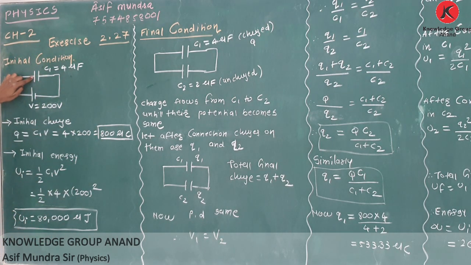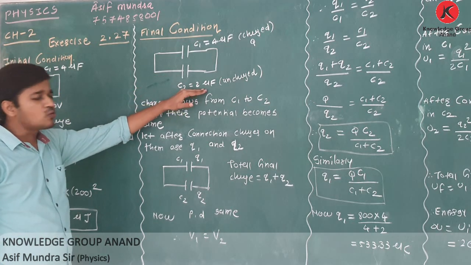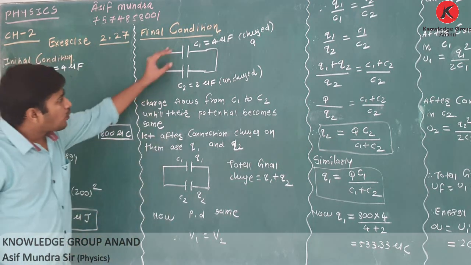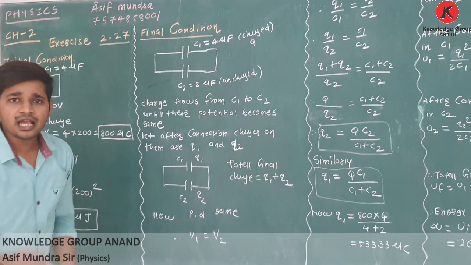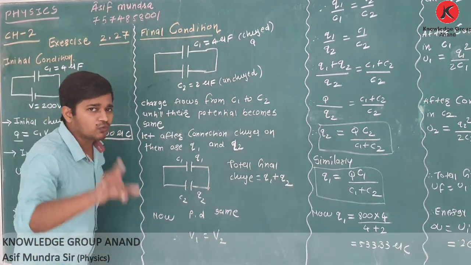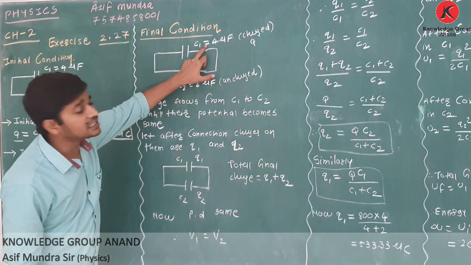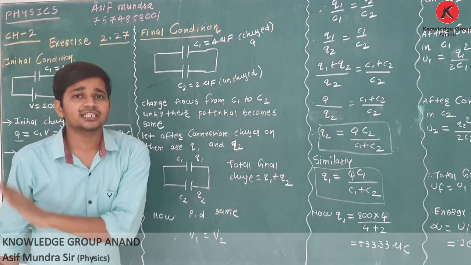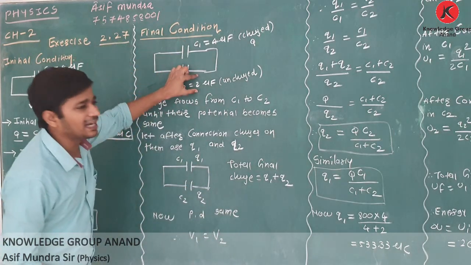Now this capacitor is disconnected from the battery and connected with another capacitor having 2 microfarad capacitance and uncharged. See what happens when this charged capacitor is connected with this uncharged capacitor. Charge flows from one capacitor to another. This capacitor gets discharged and this capacitor gets charged. Clear? If you connect a power bank with a mobile, what happens?